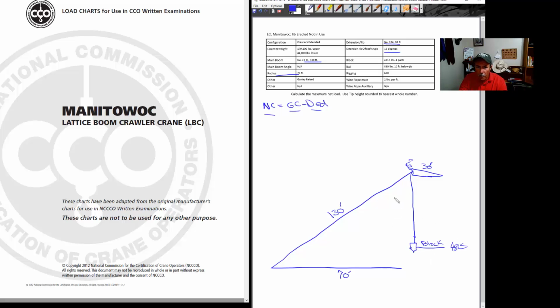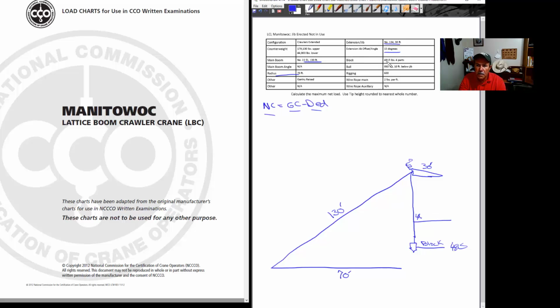We got our block. There's 4 parts of line. You don't have to draw in all 4 parts. I just use a number like 4x to remind me that I've got 4 parts of line. And we will need to calculate the weight of those 4 parts of line, but we'll save that until later because we're going to have to go into the load charts, the document itself, to look up some information before we can calculate the weight of the line.